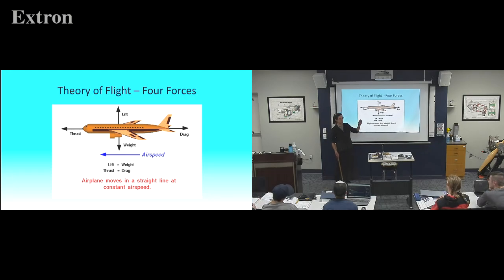So if we initiate a descent, you can picture an airplane flying along straight and level, and now we nose down. As we nose down, what forces are greater? Yes, gravity. This is an aerobatic pilot. So gravity, weight, is overcoming lift.